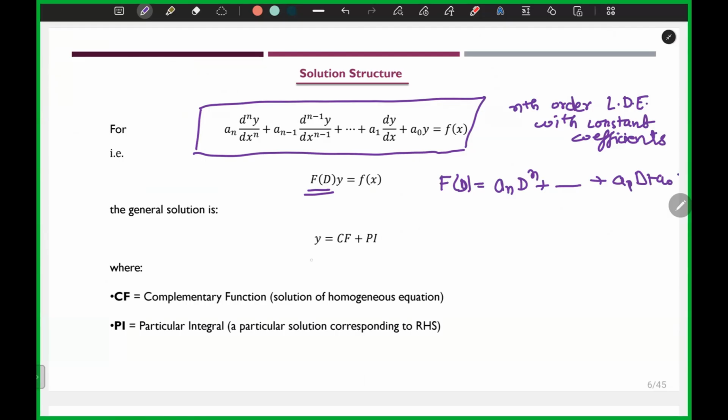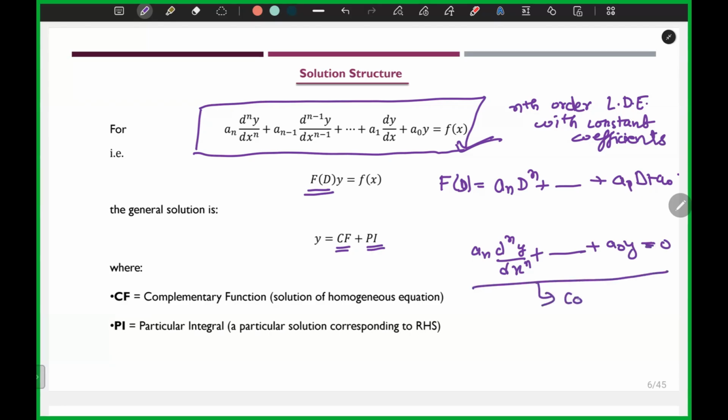The general solution is the complementary function plus the particular integral. First, for the complementary function, we solve the homogeneous part, that is, the whole left hand side up to a naught y equals 0. First we solve this to find the complementary function.